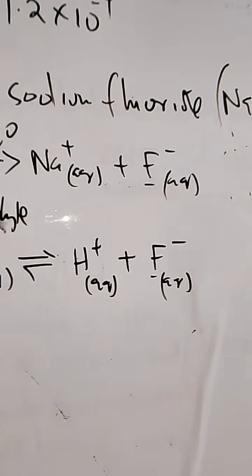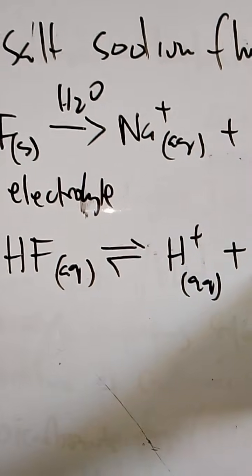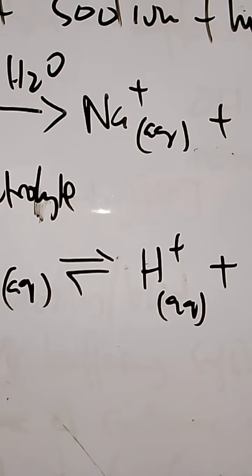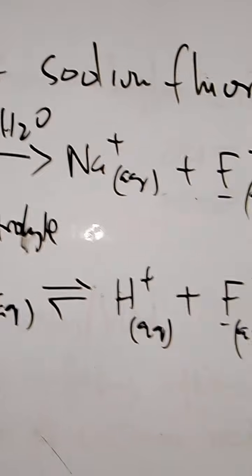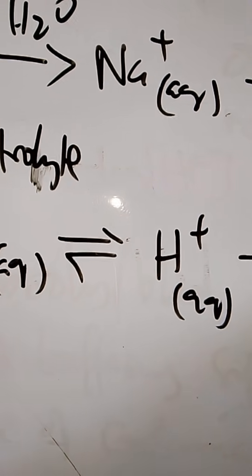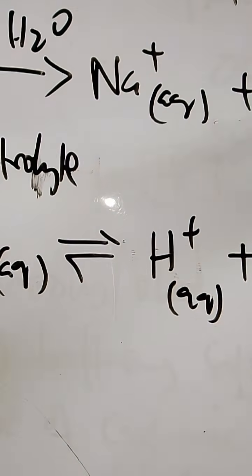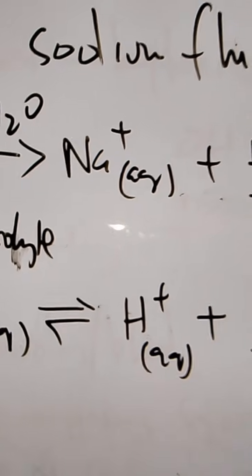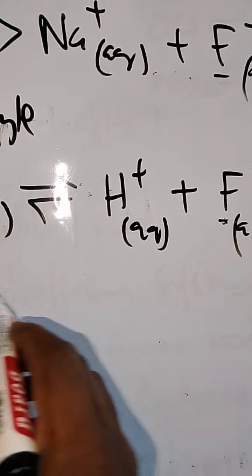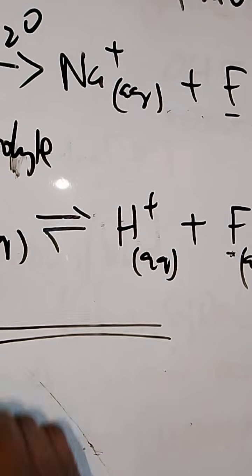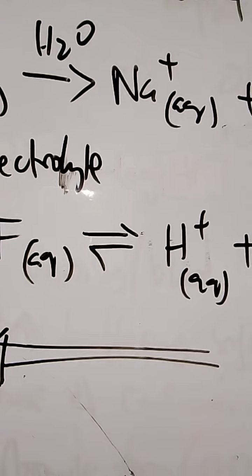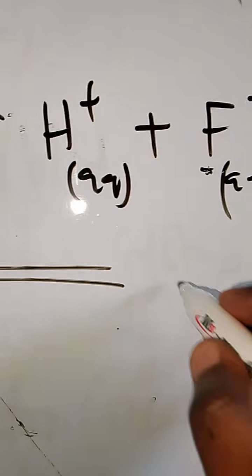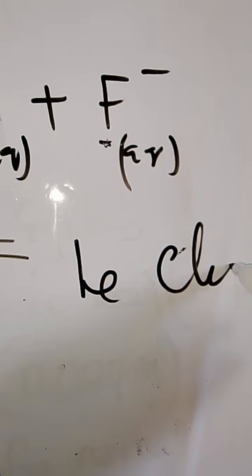Okay, so now according to Le Chatelier's principle, since more fluoride ions are being produced, from the acid and from the salt, there will be more fluoride ion in the vessel. So in this case, the equilibrium will shift to the left. Okay, so we use Le Chatelier's principle.